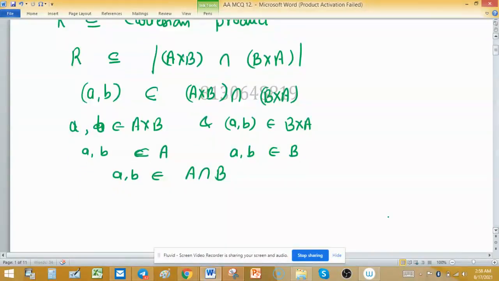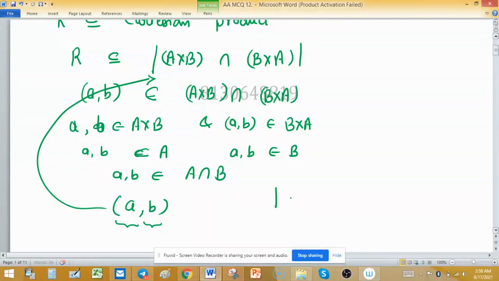So how many positions, or how many times, can we choose a? Because we need to write elements like (a, b) which are coming from this intersection. So the number of times we can choose a and the number of times we can choose b will be equal to the cardinality of A intersection B. It means we have to take it two times, for a and for b.